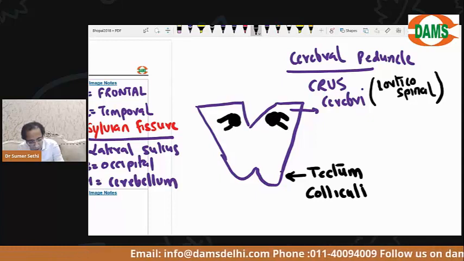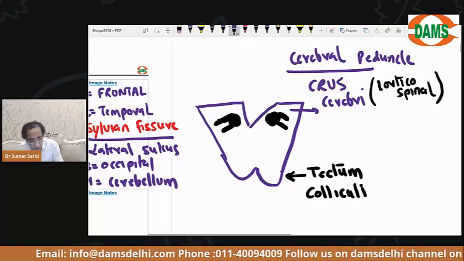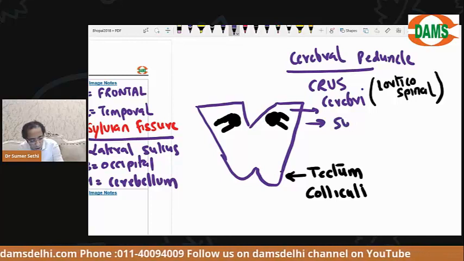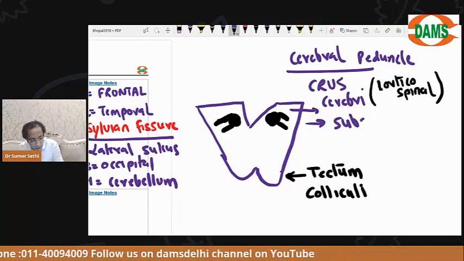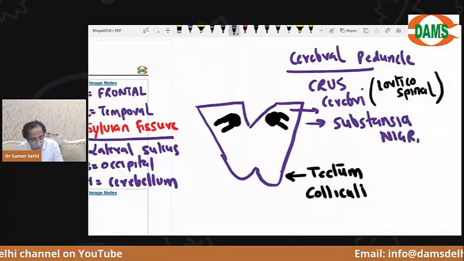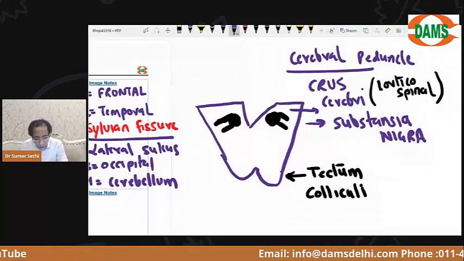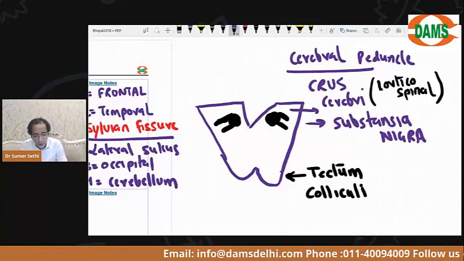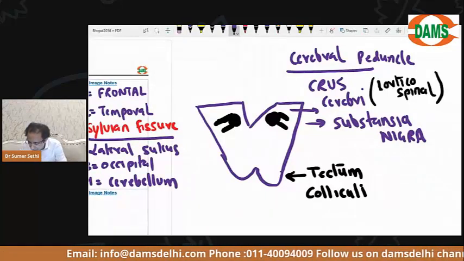Behind it, you have a black area called substantia nigra.